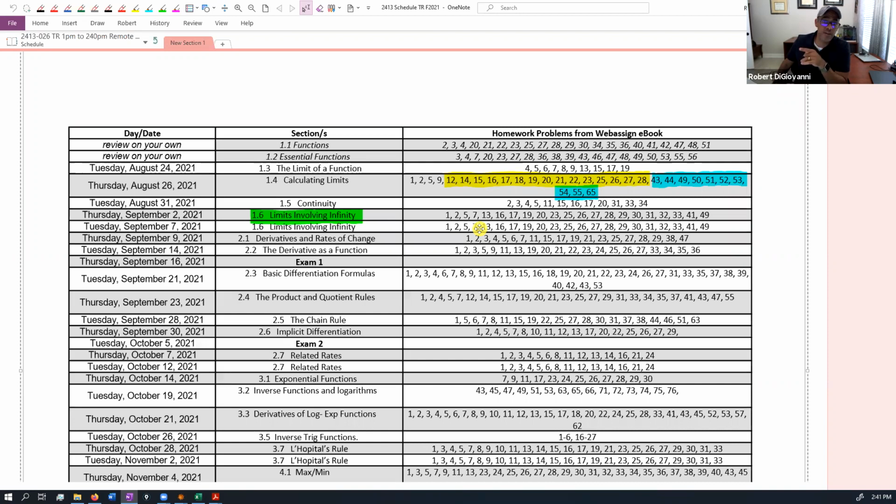So next Tuesday after class, I'll provide you the key. But that means it's due Tuesday before class of next week. I'll put this in the email. Everything will be due on Tuesday before class, and then I'll provide you the key so you can study a little bit more and know what you were doing right and wrong.